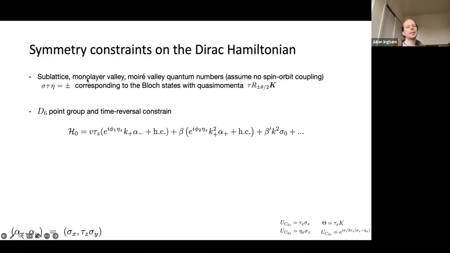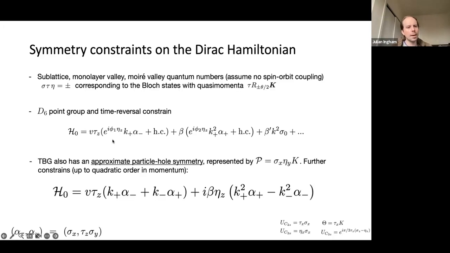So we get something that kind of looks like what you have in graphene, and something that kind of looks like what you have in Bernal stacked bilayer graphene. But we can also have these funny looking valley-dependent phases. Now, it turns out that twisted bilayer graphene also has an approximate particle-hole symmetry.